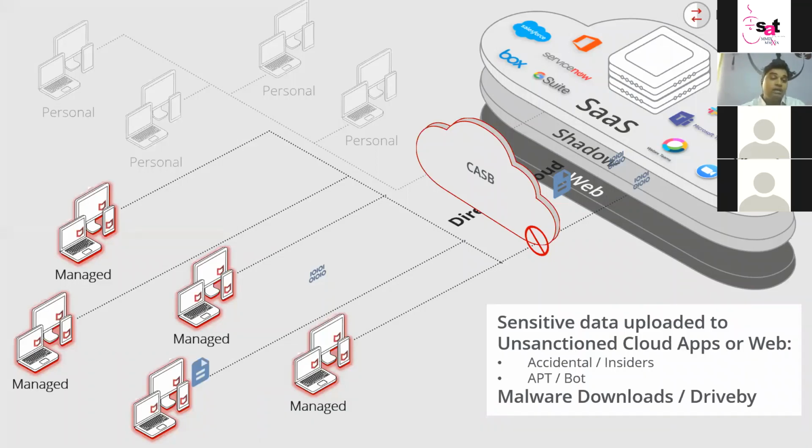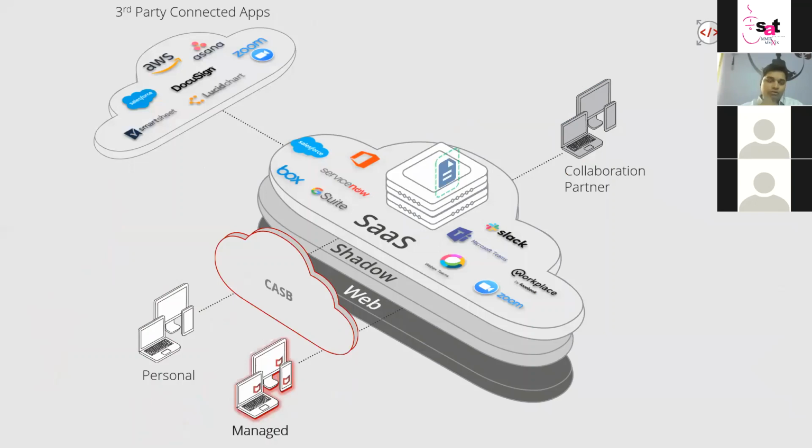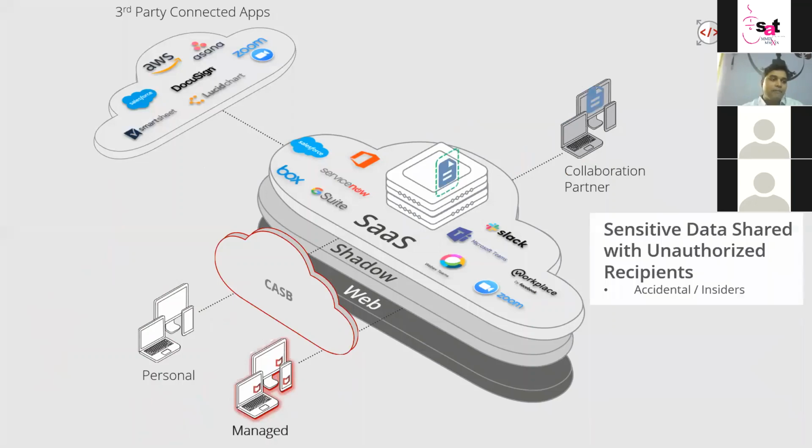If it is a 0-day or malware, it will take that preventive action and stop that malware from being downloaded to the managed device. So that is the scenario when it comes to the managed device accessing unknown or unsanctioned cloud applications.